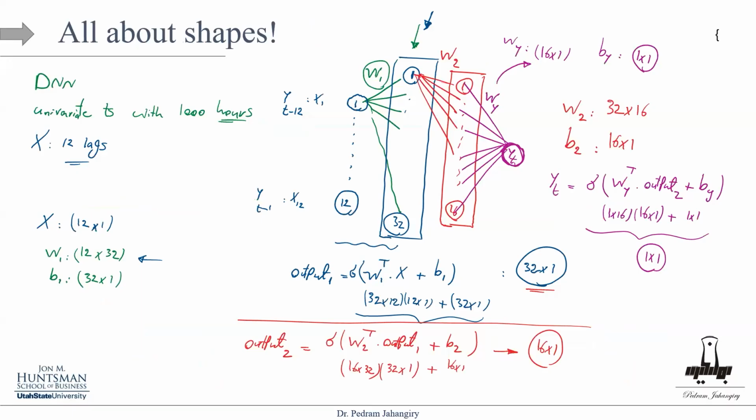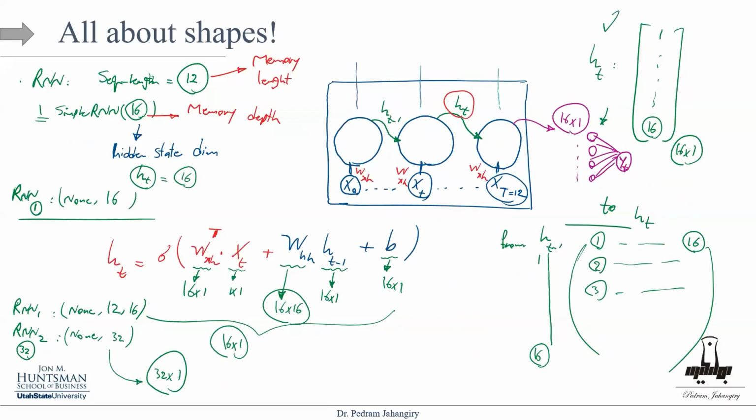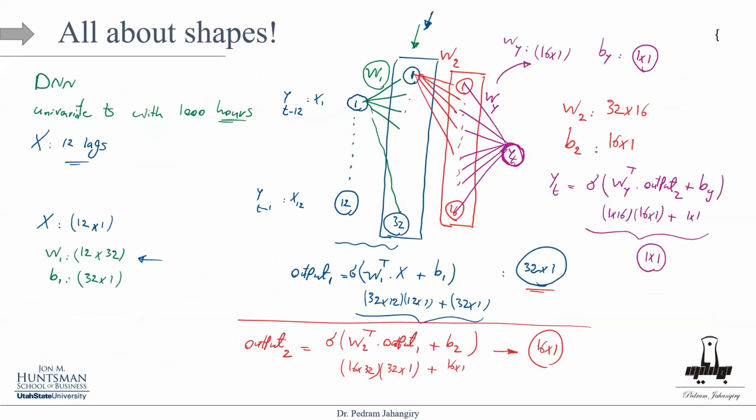Okay, so these two slides, we kind of talked about them. Again, this is just me going over another example in matrix form. I want to remind you how DNN works, how RNN works, and then we go to the next slide to see LSTM.